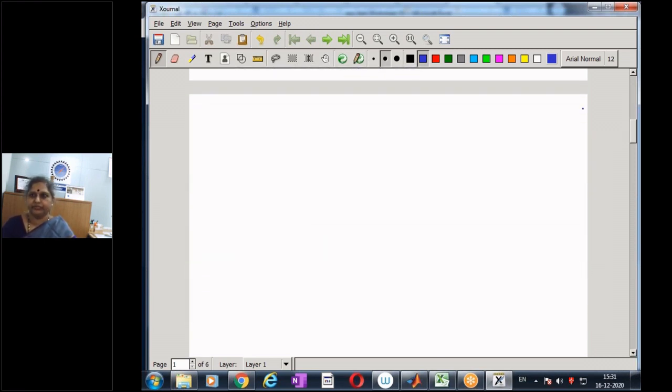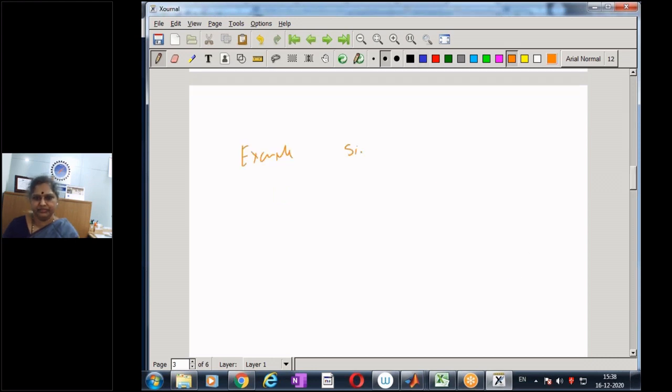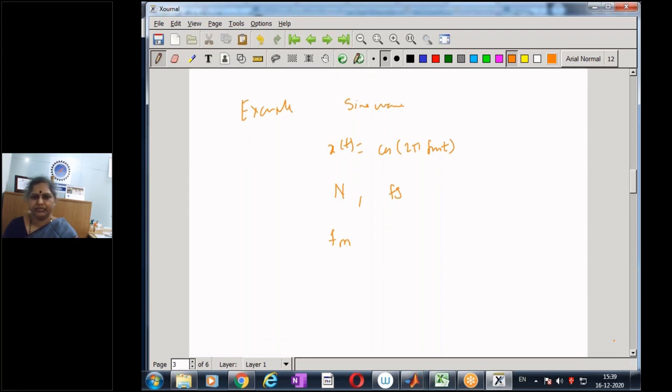Sine wave. We'll take a signal x of t, say cos 2 pi fm t, and we'll choose some N, which is going to be a very large value. N will also be identified as my sampling frequency fs. We'll take some suitable frequency fm, and we'll ensure that our sampling frequency fs is much larger than fm.